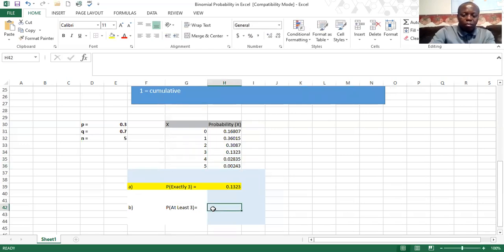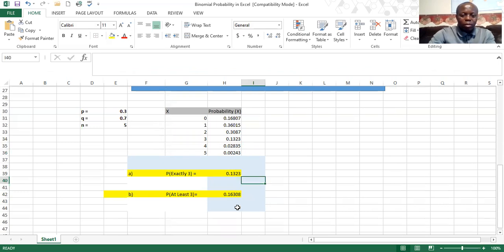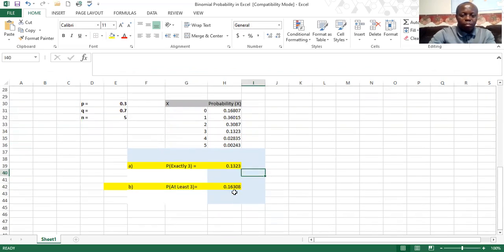We're going to have it here equals this plus that plus that. It gives me the answer right away. See? So there is a 16.3% chance that at least 3 of them have part-time jobs.